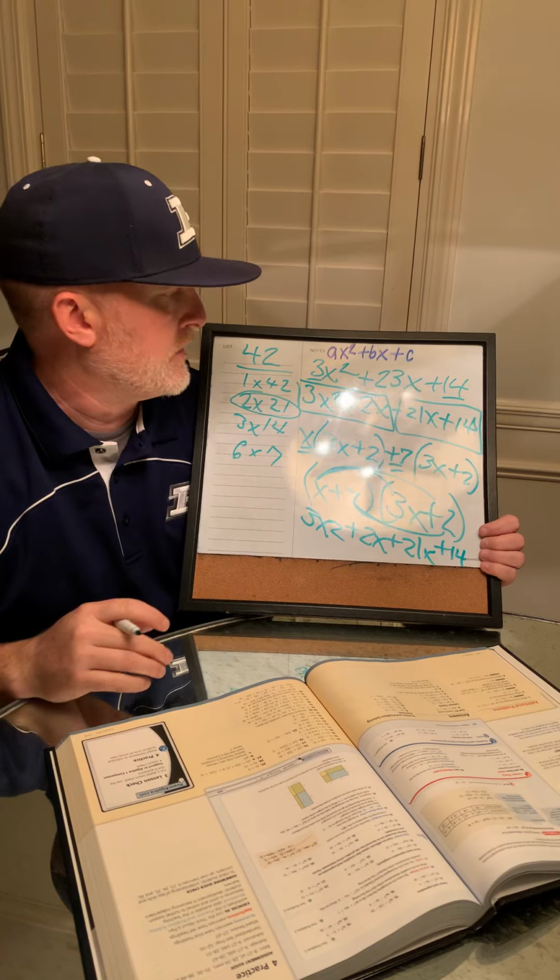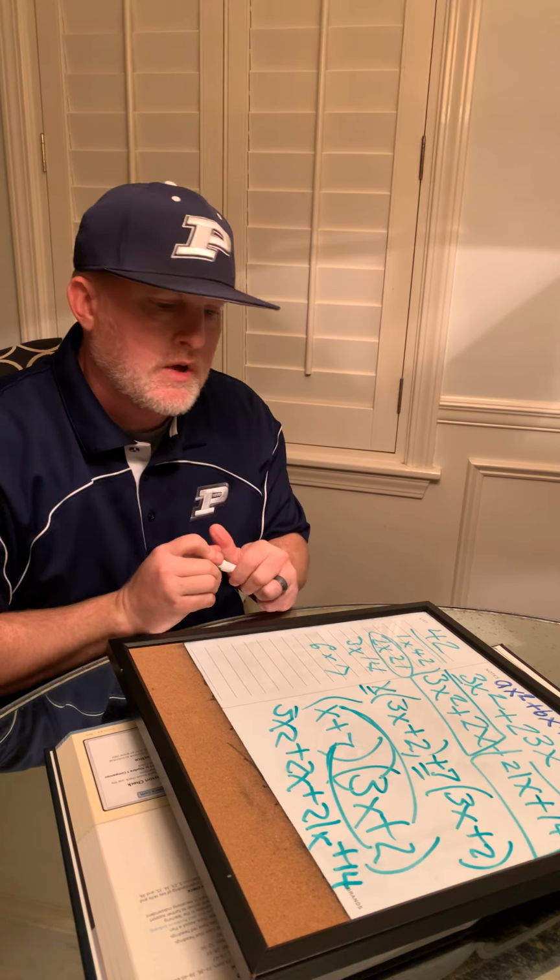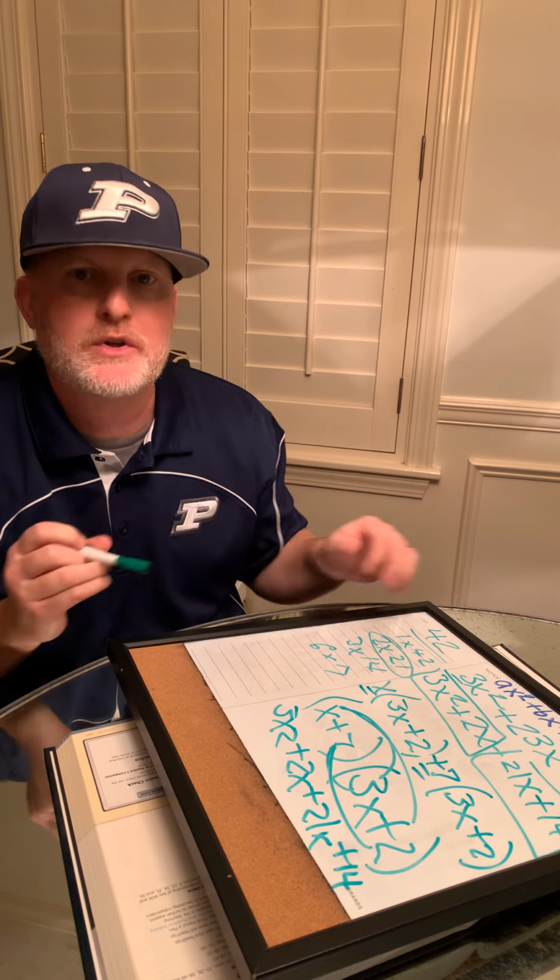All right, so that's a couple of examples for you of trinomials where we have a coefficient on x squared. So just go back through those steps again. When we have that coefficient on x squared, the first thing we want to do is multiply our a value times our c value. Once we get that product, we list the factors of that product. And then we put those factors back in place of the b term.